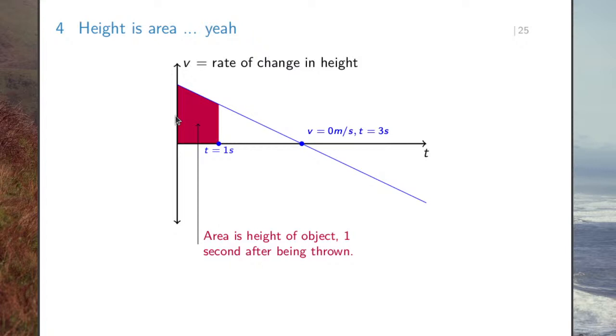Acceleration is the change in velocity, so the accumulation of acceleration over time corresponds to velocity. And exactly like this, the rate of change of height is precisely velocity. Velocity is how fast and in what direction the height is changing. So we're just going to accumulate all that rate of change, and that's exactly the area right here.